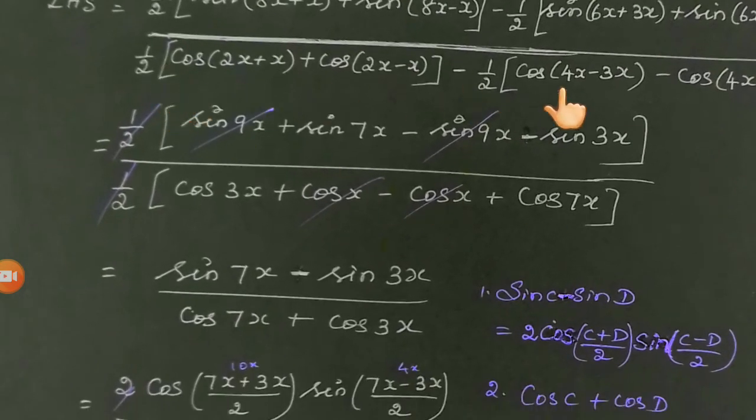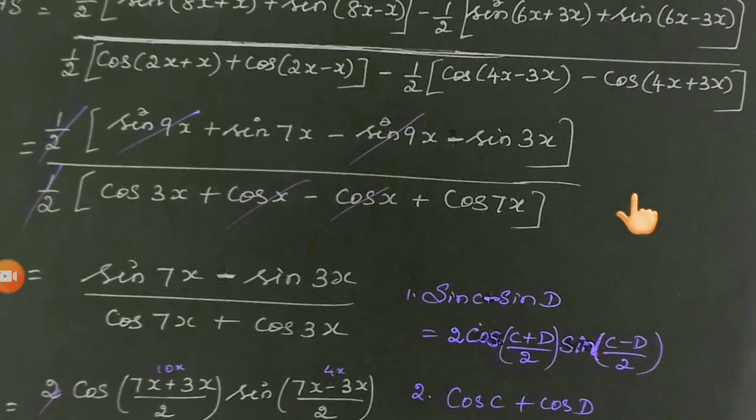Similarly, in the denominator, take half as common. 2x plus x is 3x, so cos 3x plus cos x. Subtracting gives x, minus into minus becomes plus, and 4x plus 3x is cos 7x. The half cancels in numerator and denominator.